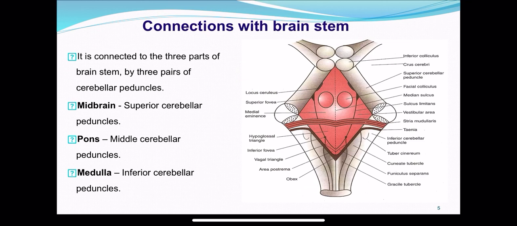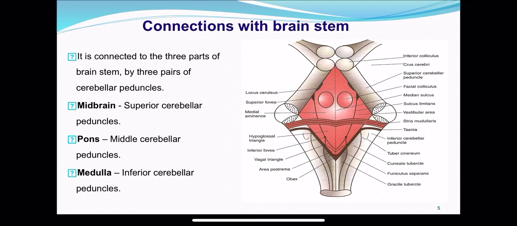The cerebellum has very important connections with the brainstem. We know the three parts of brainstem. From above downwards, they are midbrain, pons, and medulla. The cerebellum is well connected by means of cerebellar peduncles with the three subdivisions of brainstem. With the midbrain, it is connected through superior cerebellar peduncles. With the pons, it is connected through middle cerebellar peduncles.